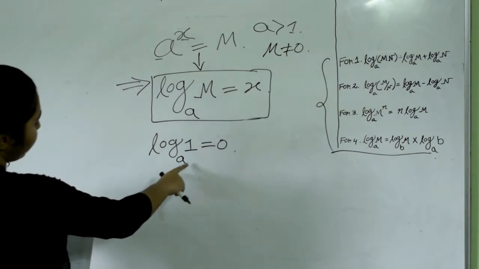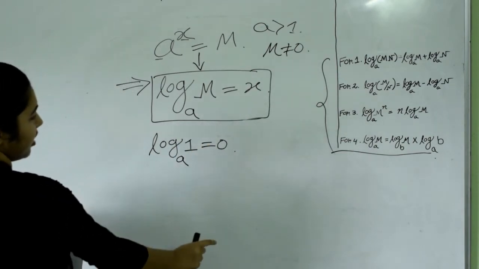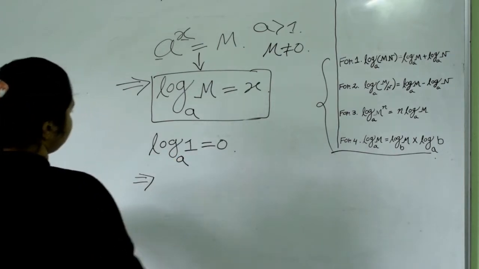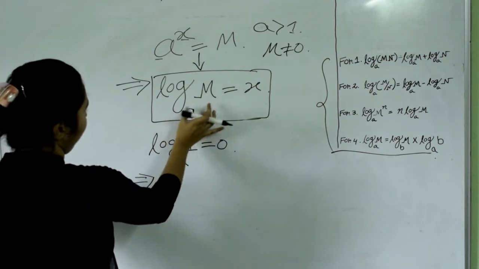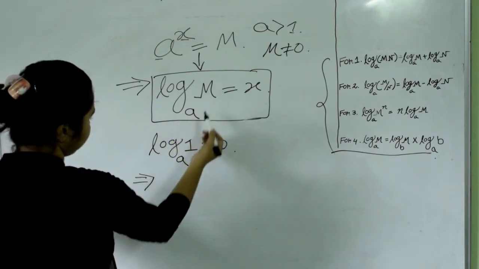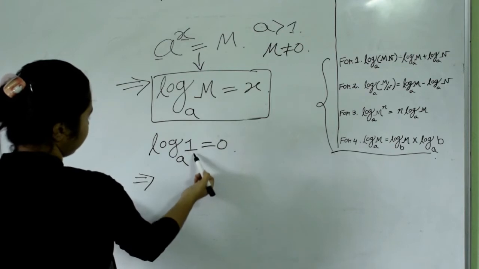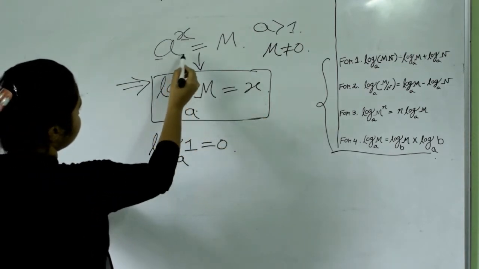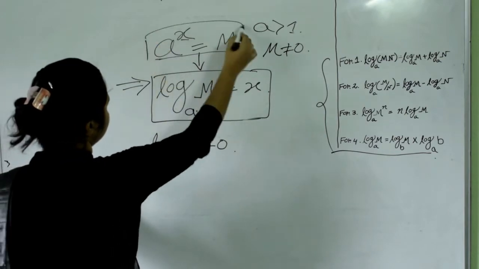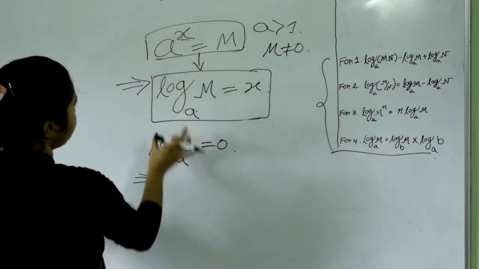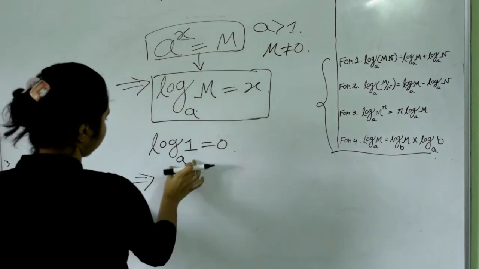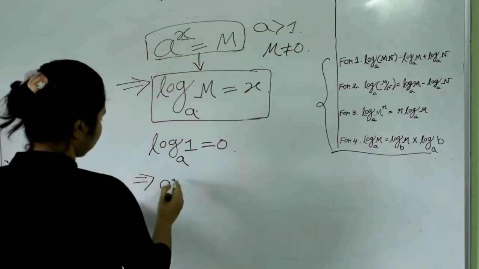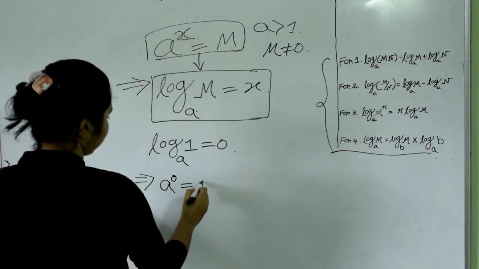Now the value of log 1 with any base greater than 1 is 0. Why? Suppose this is given, log a m, where a is the same, the value of m is 1 and the value of x is 0. Convert this log into the exponential expression. So a to the power x, where x is 0, is equal to 1.